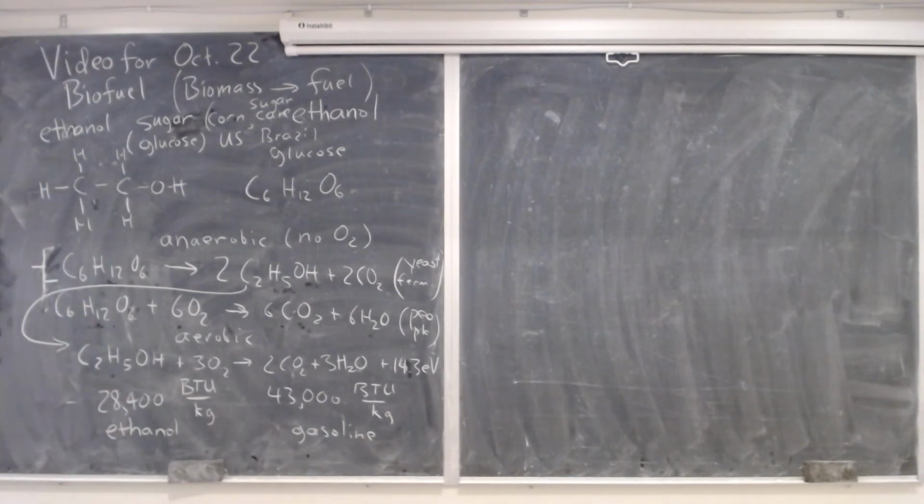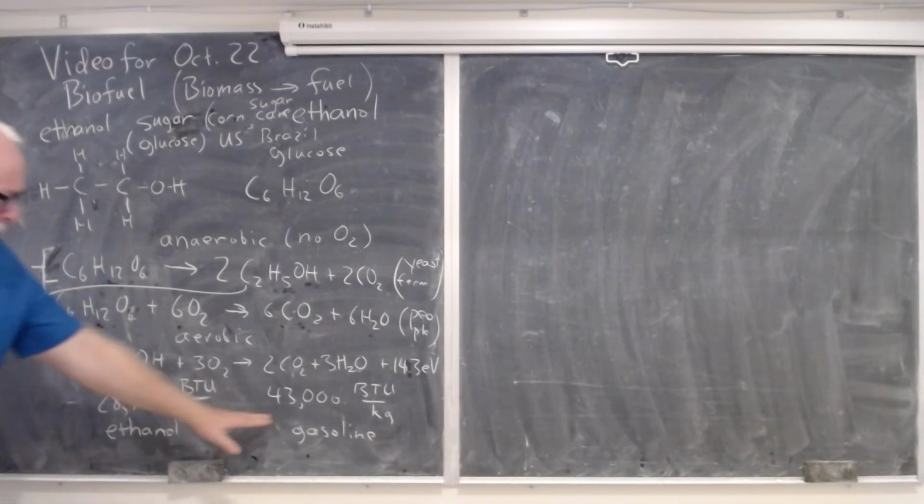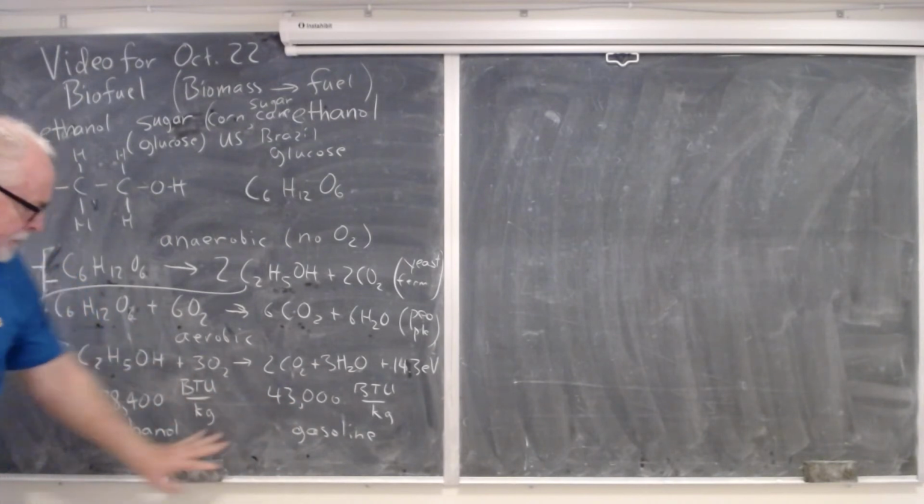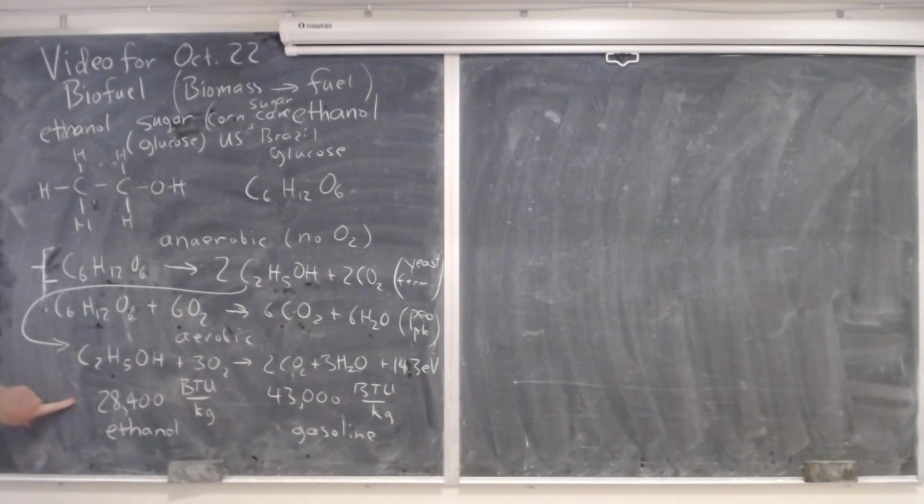Make sure that's all there. Yes, you can see it all. And so what you see is that ethanol has much less energy than gasoline. So it's a known fact that if you run a vehicle with ethanol, and we'll describe vehicles in a little bit, you get worse gas mileage. The gas mileage you get with gasoline is significantly higher than the gas mileage you get with ethanol.